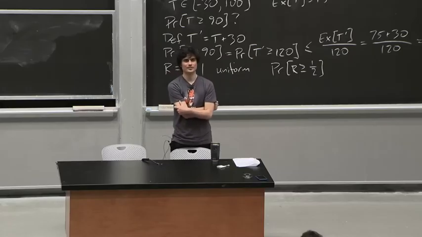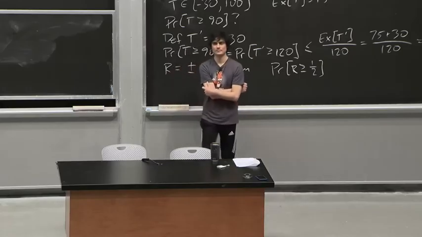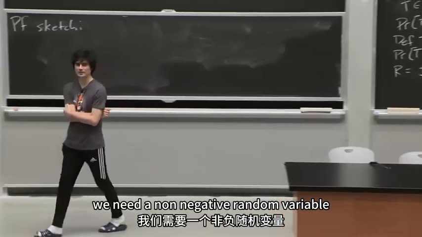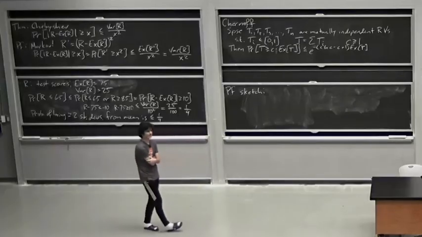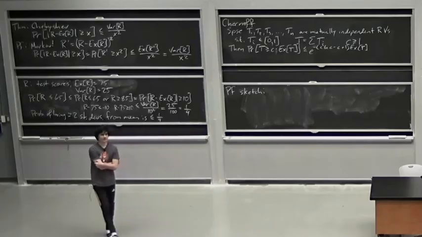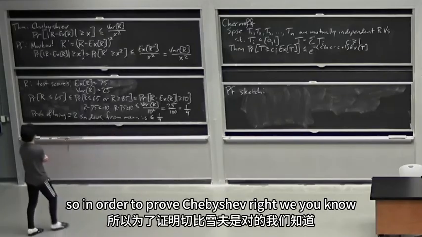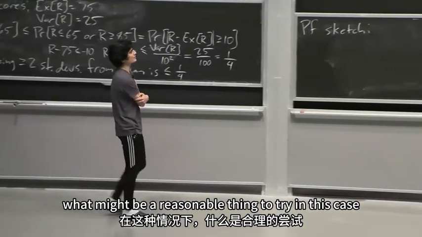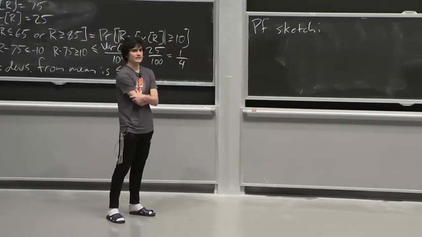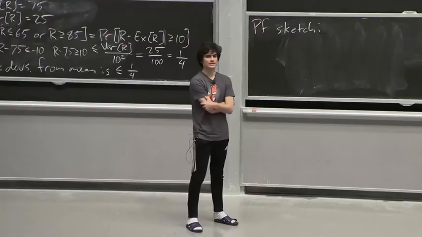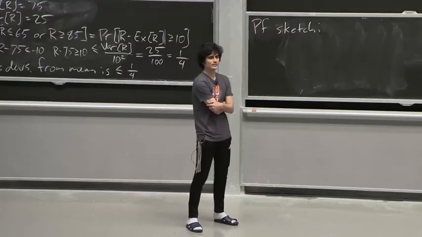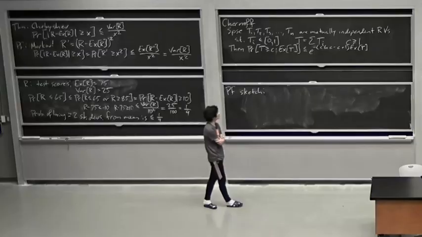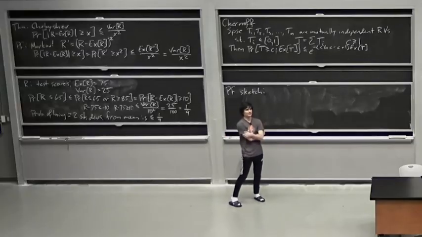How can we apply Markov? In order to use Markov, we need a non-negative random variable. So in order to prove Chebyshev, we took a square that made something non-negative. What might be a reasonable thing to try in this case? Yeah?